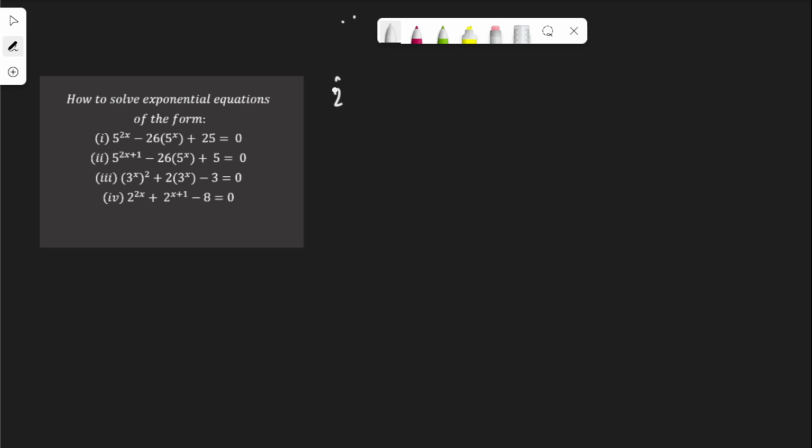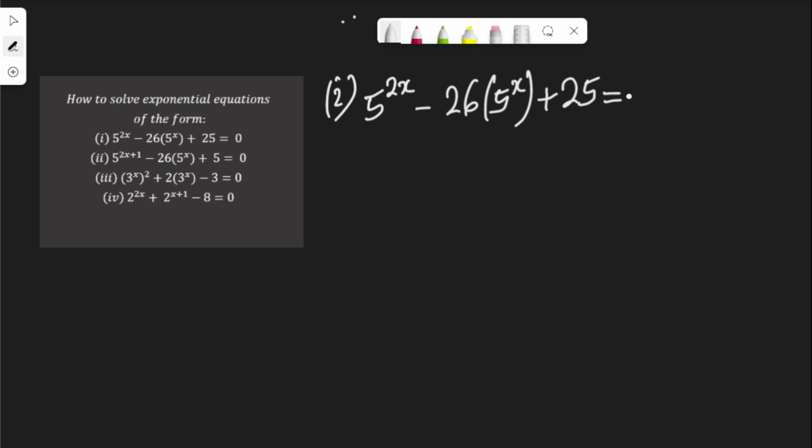Let's look at how we can do that, starting with number 1, which is 5 to the power of 2x minus 26 multiplied by 5 to the power of x plus 25 equal to 0.